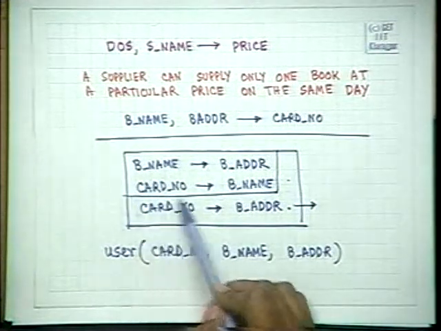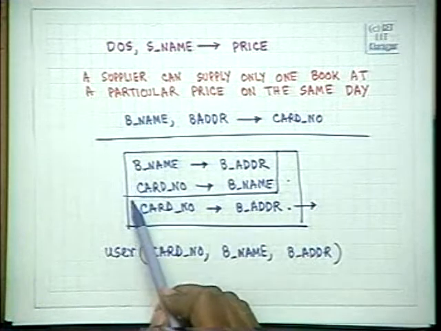A set of functional dependencies will imply many other functional dependencies as well, and therefore there is a whole theory behind what functional dependencies are, what each one of them implies, what they mean, how we utilize this power of functional dependencies in a database design.